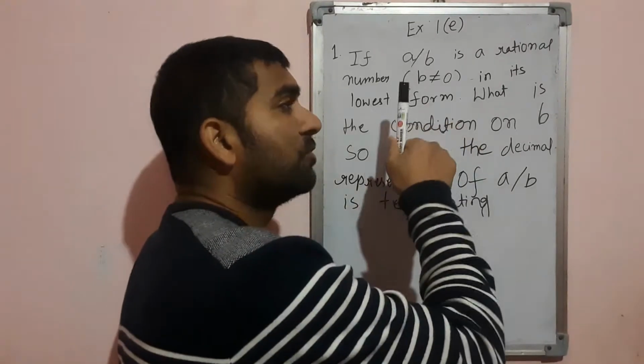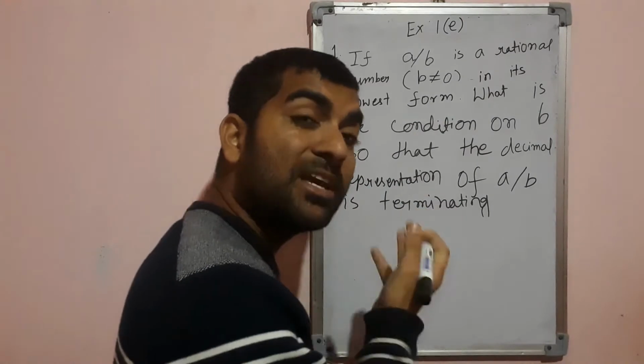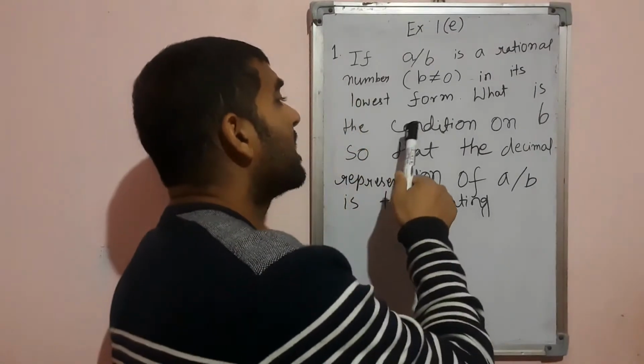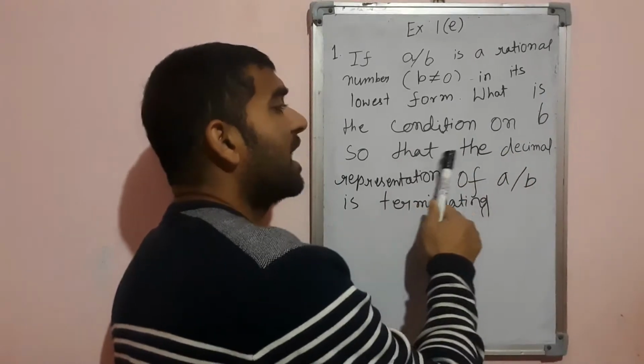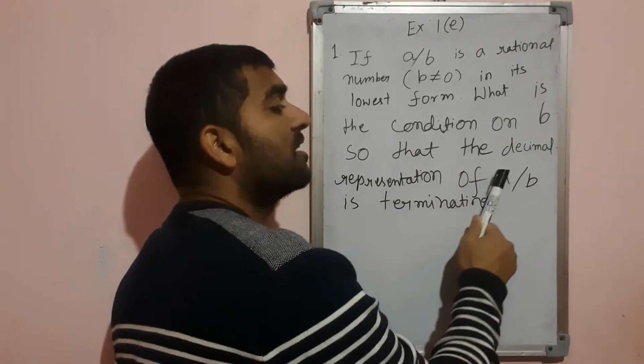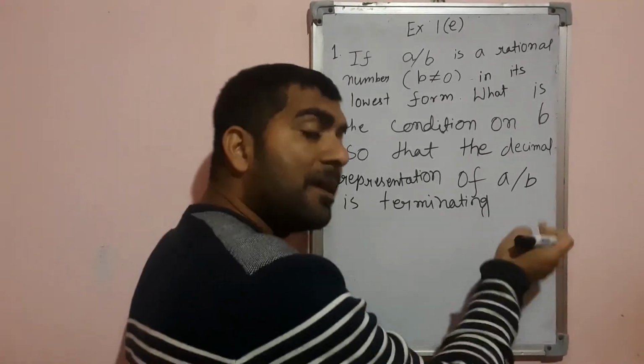In p by q, where q not equal to 0, it means they are talking about a rational number, and they are asking what is the condition on b so that the decimal representation of a by b is terminating. So I have already told you 2 power m, 5 power n.